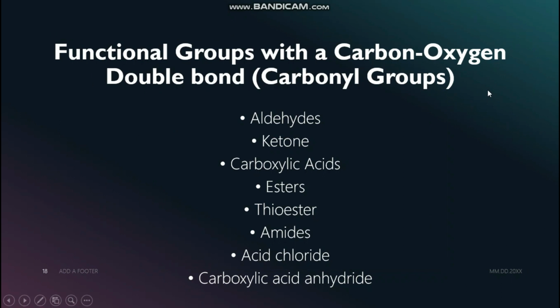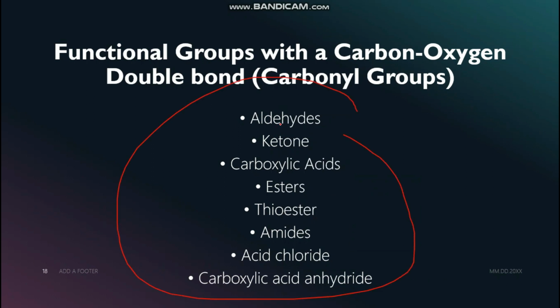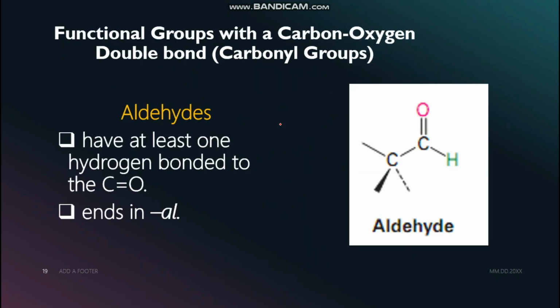So we have another type of functional groups. So these functional groups have a carbon oxygen double bond or the carbonyl group. So we have here the list of these kind of functional groups. So first we have the aldehydes. So aldehydes have at least one hydrogen bonded to the carbonyl group.